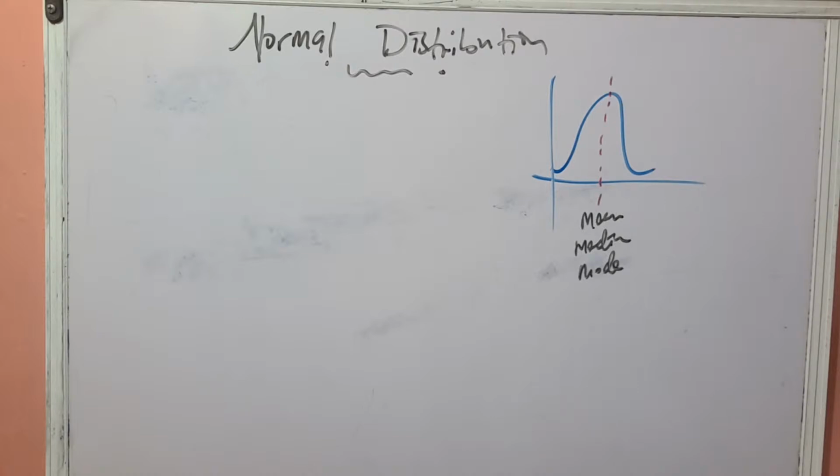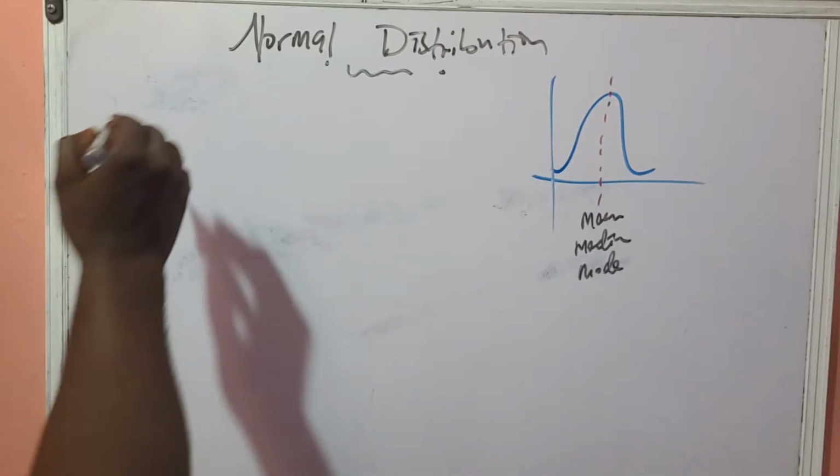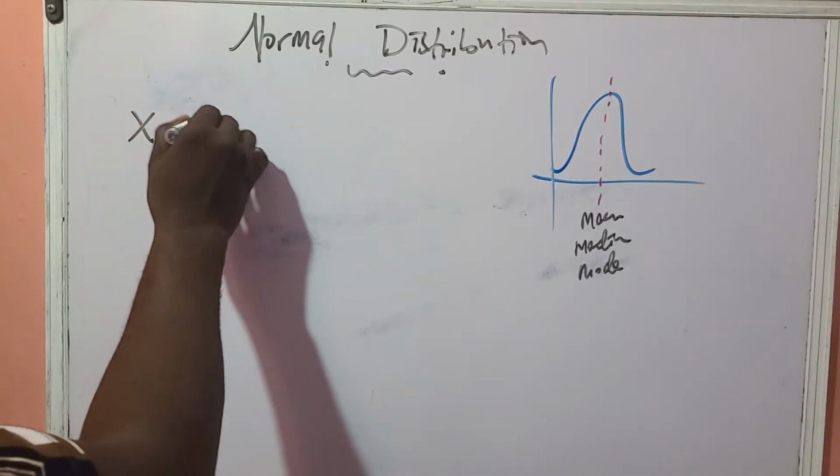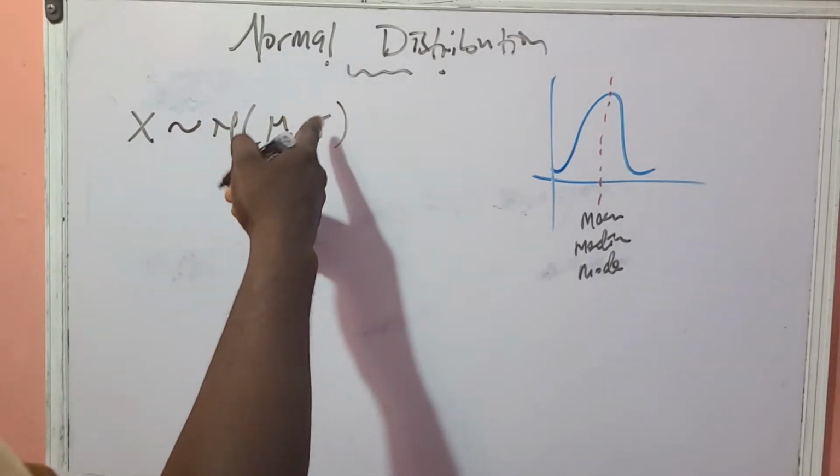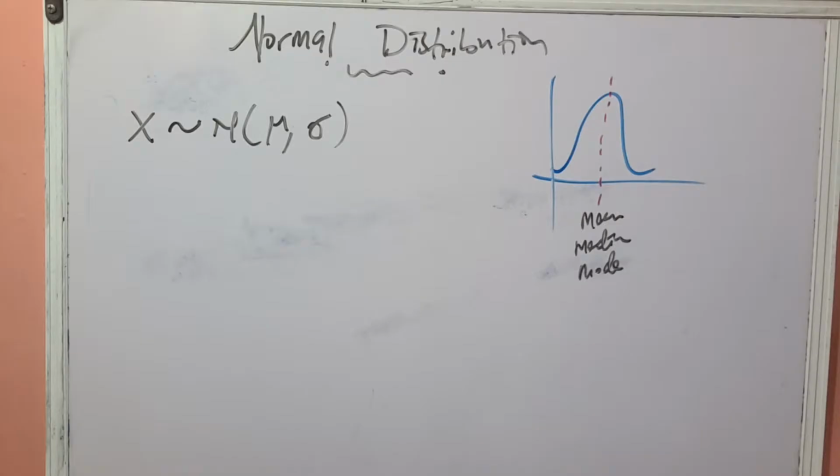Now, I then went on to talk about one of the ways to identify the parameters of a normal distribution, and I said we say X is normally distributed with a mean mu and standard deviation sigma. All right.